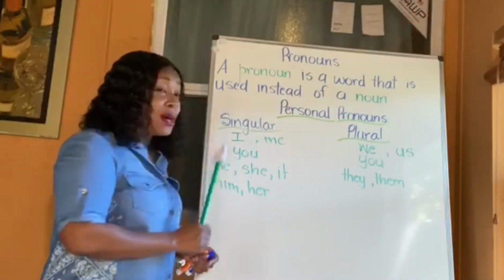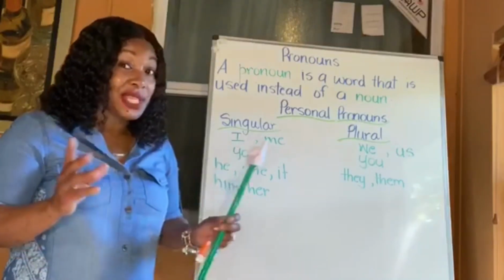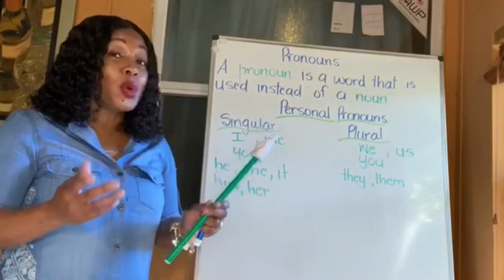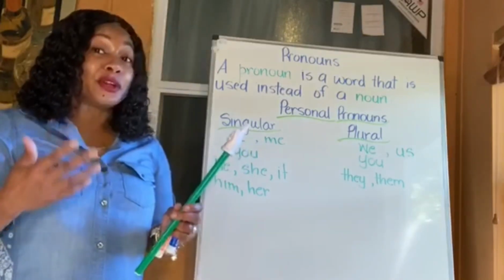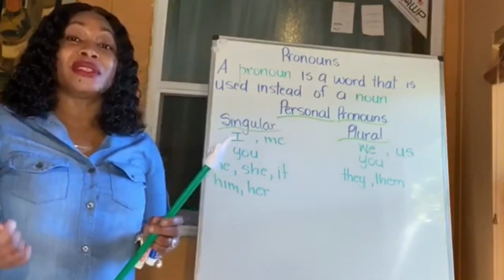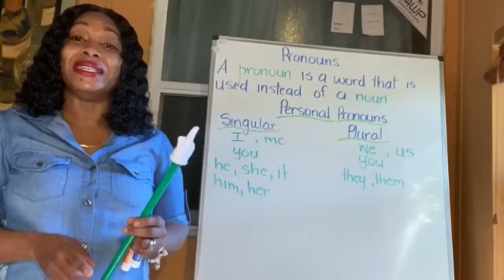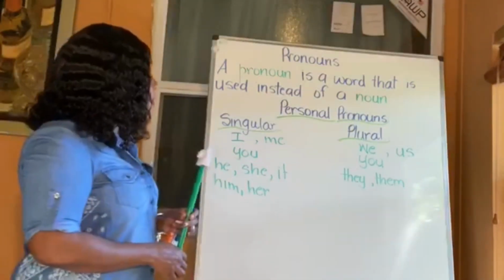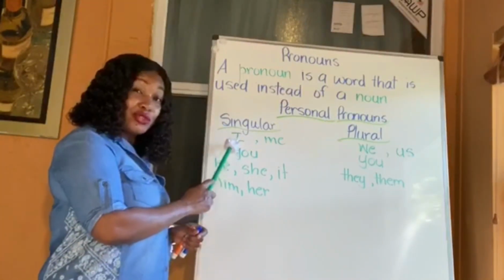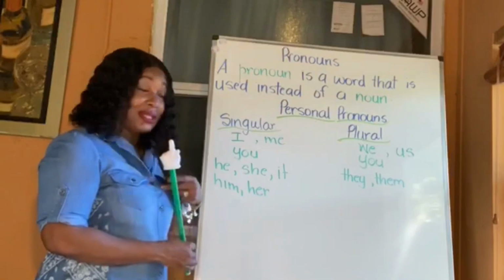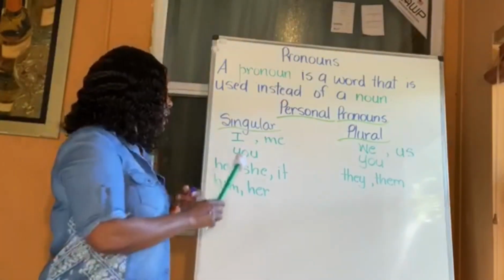Now, some singular personal pronouns, and notice I keep saying some because pronouns is very broad. Even though we're looking at personal pronouns, there are personal pronouns that we will not be looking at today. We'll be looking at them in another lesson. So, some singular ones are I, which refers to only this person. Me only refers to this person.